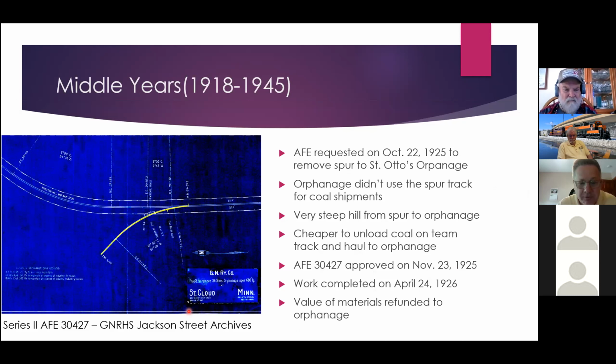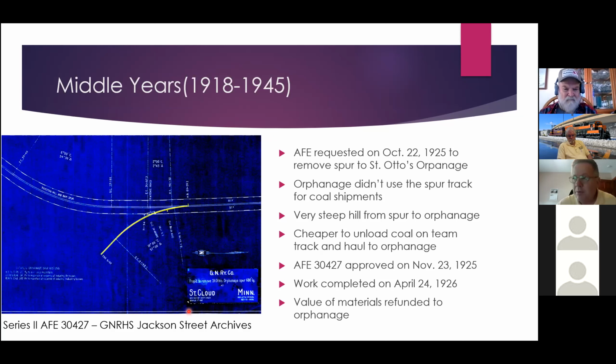It was actually cheaper for them to buy their coal and have it unloaded in the team track in town and hauled out to the orphanage where it was flat, versus paying to lift all that coal up the grade. That was approved in 1925, and on April 24th, 1926, the work was completed.